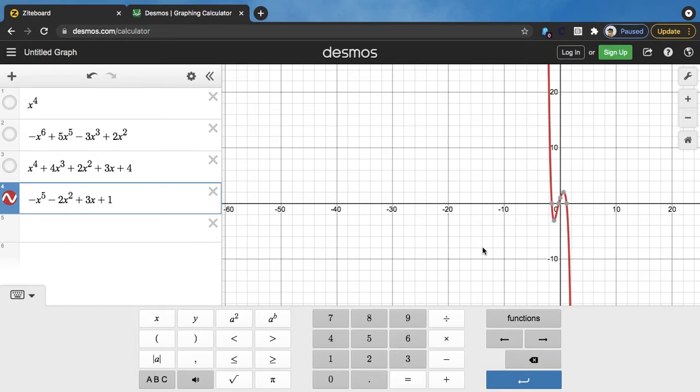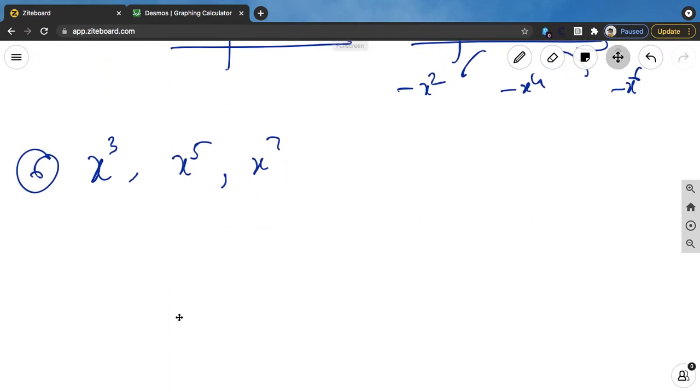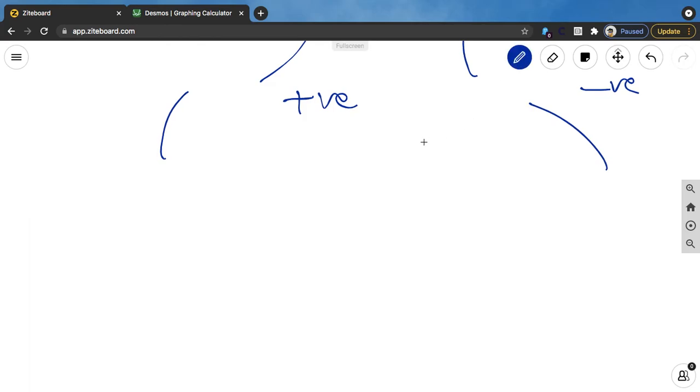So that's the nature of odd functions. If I want to summarize it, odd functions have one arm up and one arm down for positive leading coefficients, or one this way for negative leading coefficients, right? So again, this is something expected for you to know.